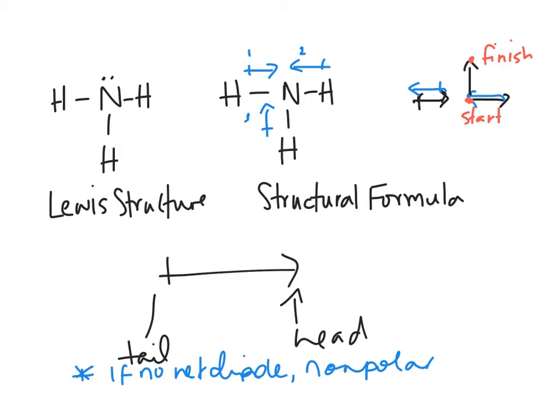And to determine if you have a net dipole, did you finish in the same place that you started? If the answer to that is no, you have a net dipole. And your net dipole goes from the start to the finish. So this is the net dipole for this structure.